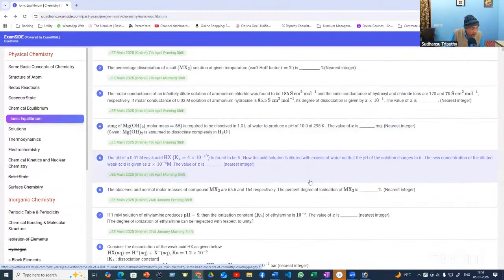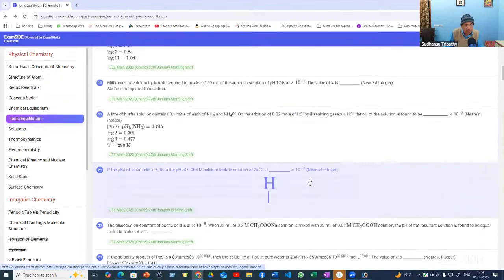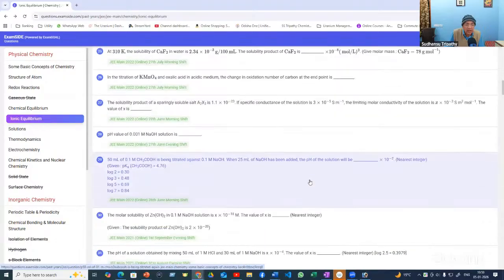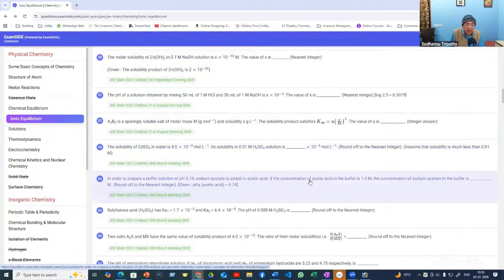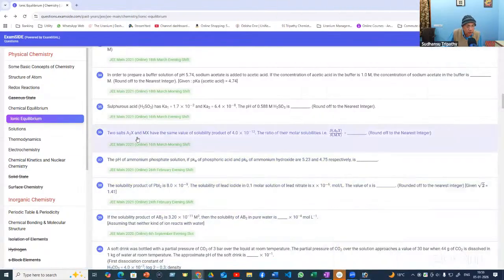Now I feel like solving a problem again from below. Let's take, say, 36 for example. Let us solve a problem on solubility product, heterogeneous equilibrium. The two salts A2X and MX have the same value of solubility product, that is 4 times 10 to the minus 12.